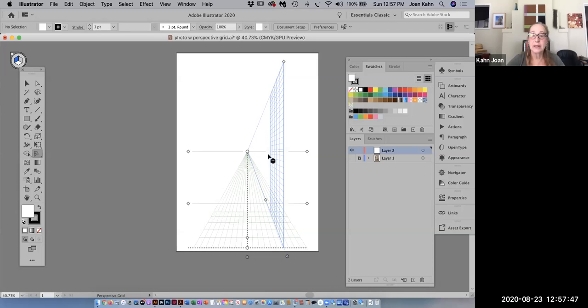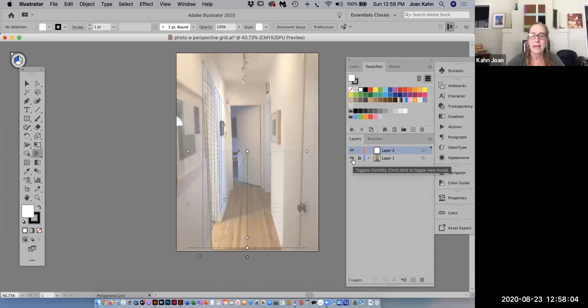This is the horizon line, the eye level of the viewer. So if I wanted to move this blue plane to the left to define the other side of the wall in the hallway, you could turn the photo on again and move it so that it lays over the exact plane that you're trying to draw or define.